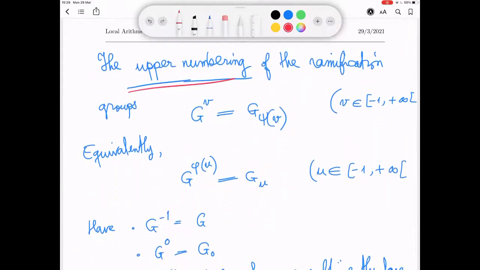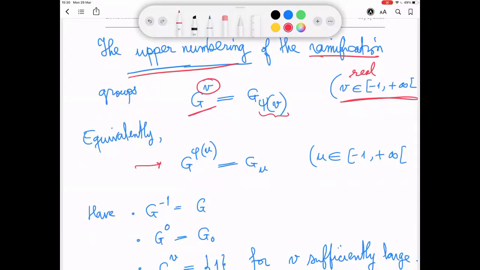Now we define the upper numbering of the ramification filtration. So G upper V, for some real V greater than -1, you define G upper V to be G lower psi of V. This should not be confusing. Here is another way of expressing this.